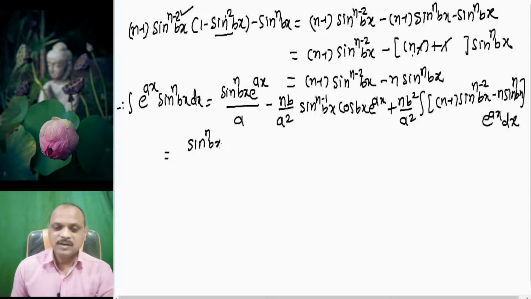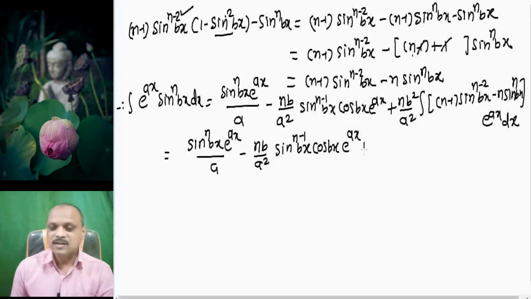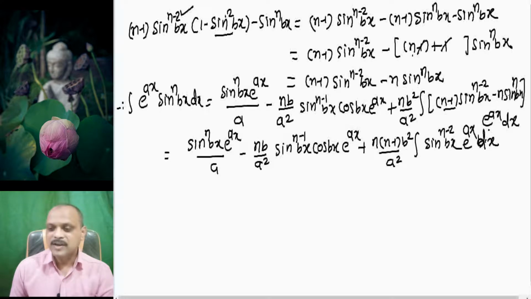Sine raised to n bx e raised to ax divided by a minus nb divided by a square sin raised to n minus 1 bx cos bx e raised to ax plus, look at this constant, this n into n minus 1 b square divided by a square into integration of sin raised to n minus 2 bx and this multiplied term e raised to ax into dx.